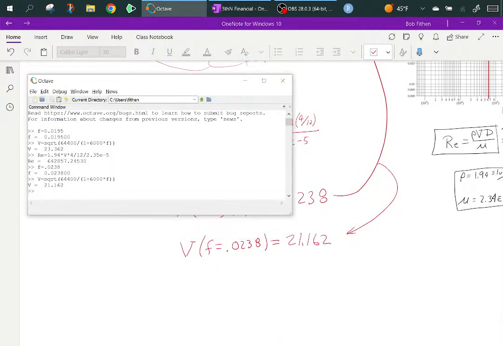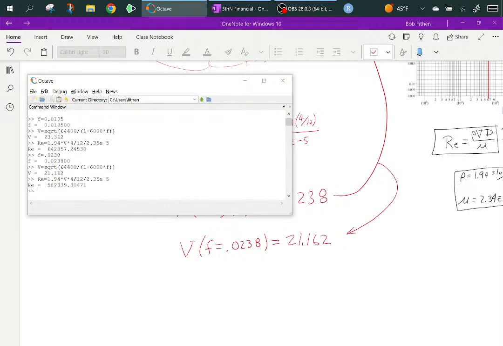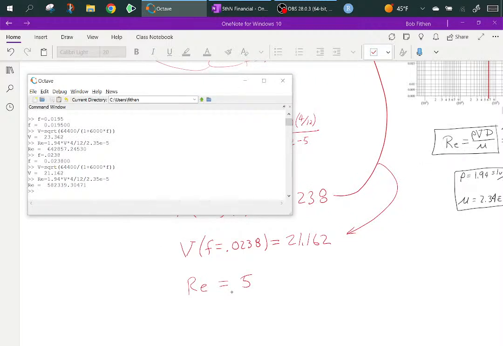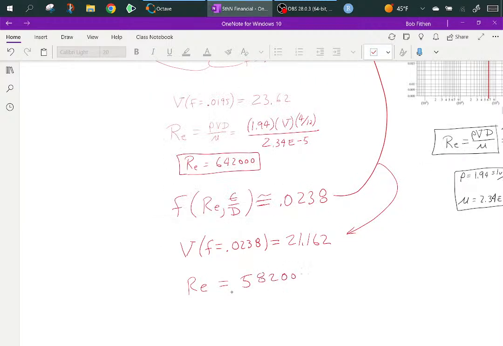Then I can find my Reynolds number, which is now 582, and I'm not even going to worry about those digits.